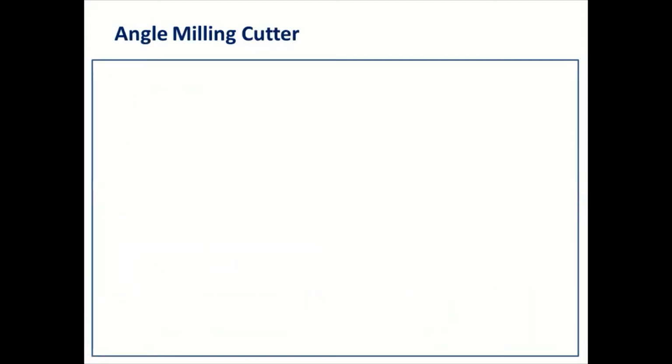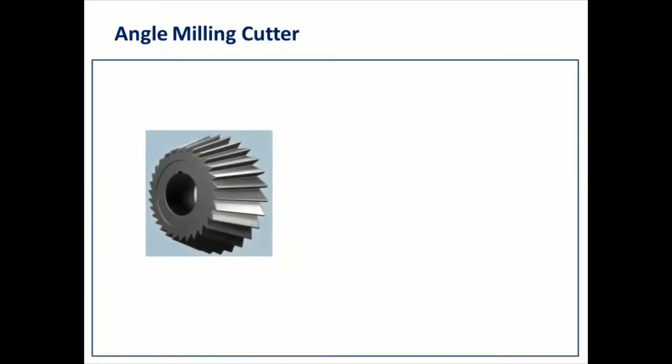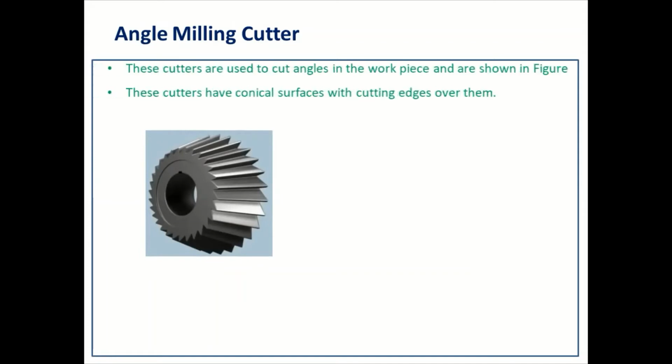Then the angle milling cutter. Actually, in the angle milling cutter, there are two types: one is the single angle and the other a double angle. This diagram is of the single angle one. These cutters are used to cut an angle into the workpiece directly.